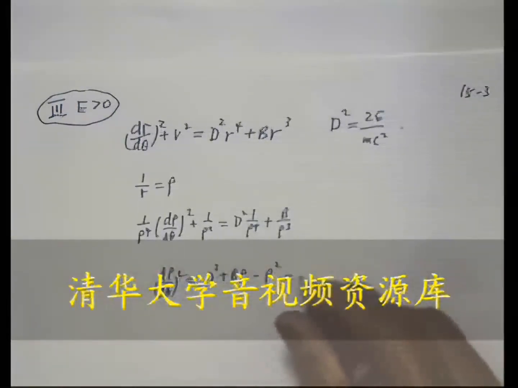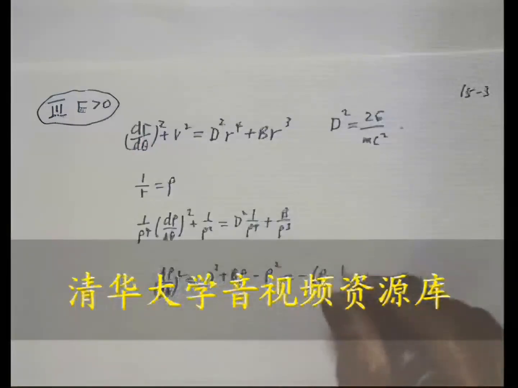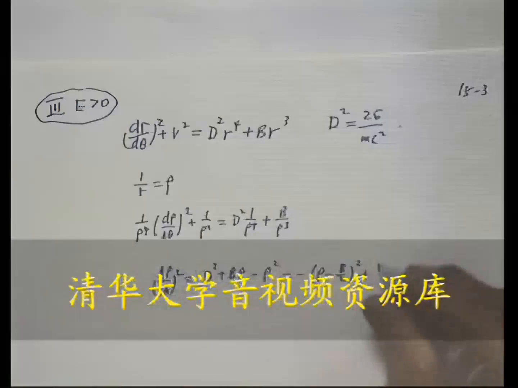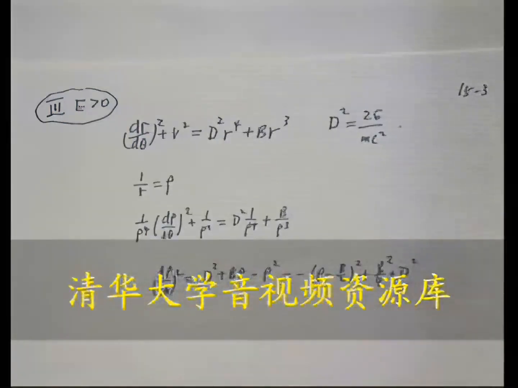Again, we complete the perfect squares. This becomes rho minus b over 2 squared plus b squared over 4 plus d squared. So again, we put rho minus b over 2 as sigma.